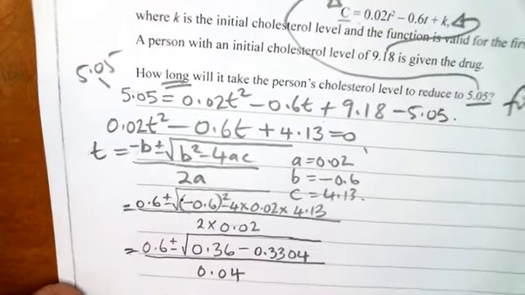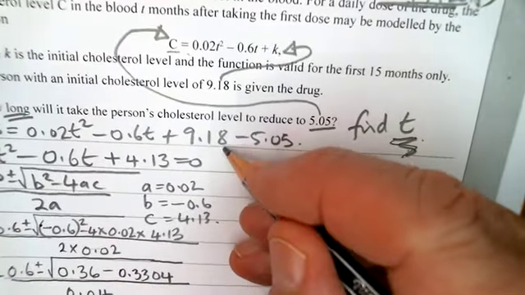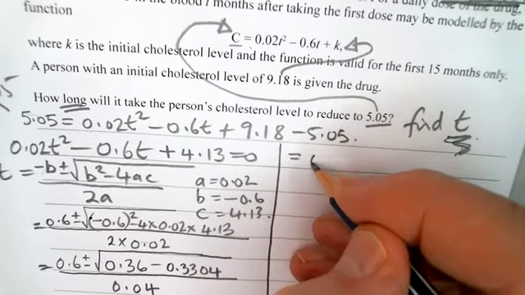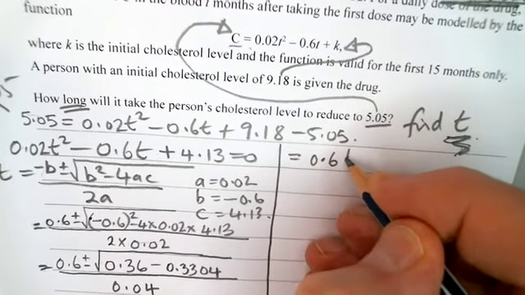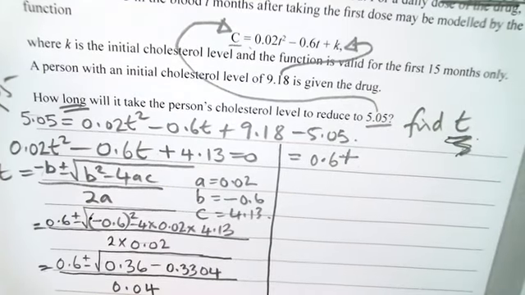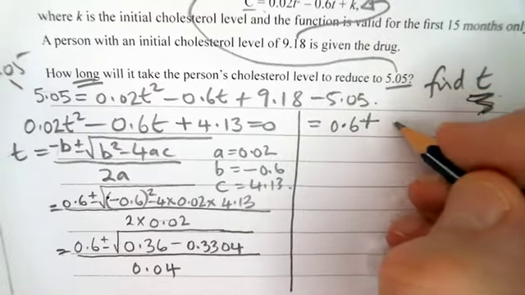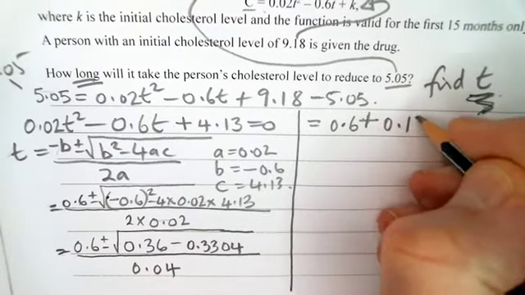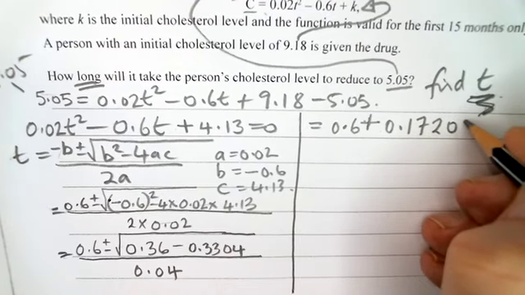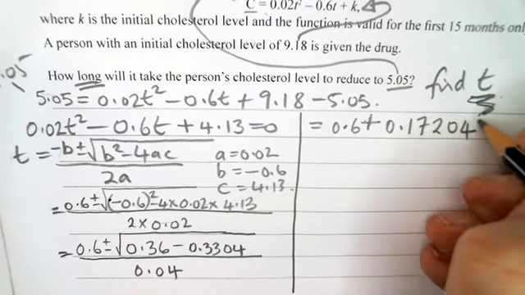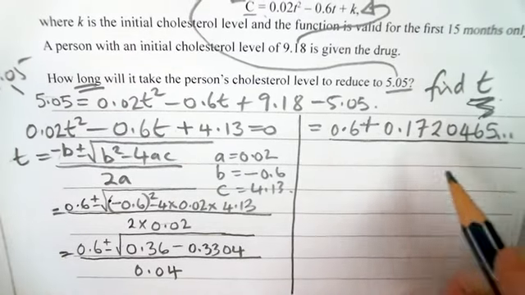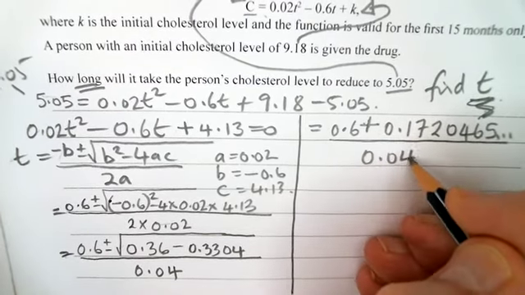So I'm just going to make an extra dividing line down the page here, and we're going to rewrite all that. So you're going to have 0.6 plus, in fact, I'm just going to do it in 2 steps now. Plus 0.1720465, divided by 0.04.